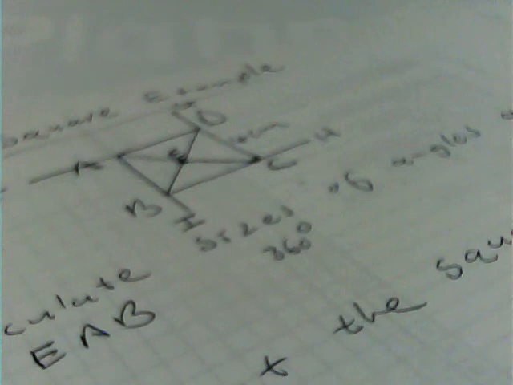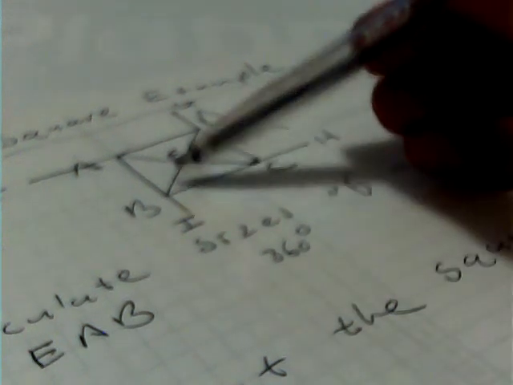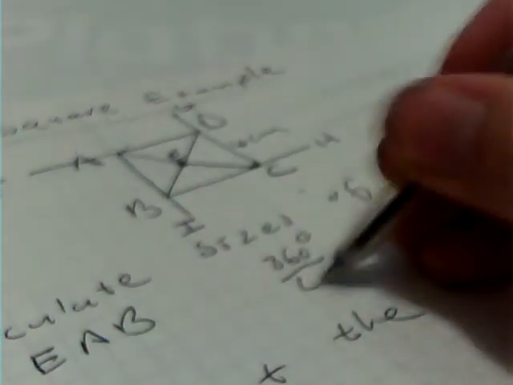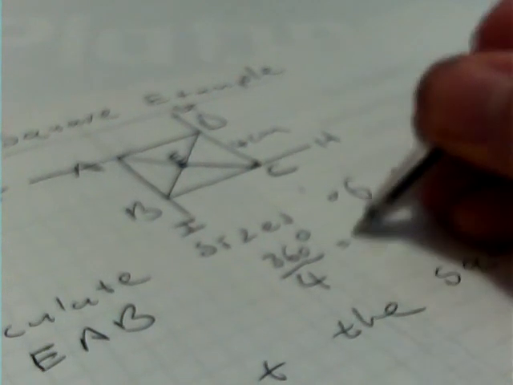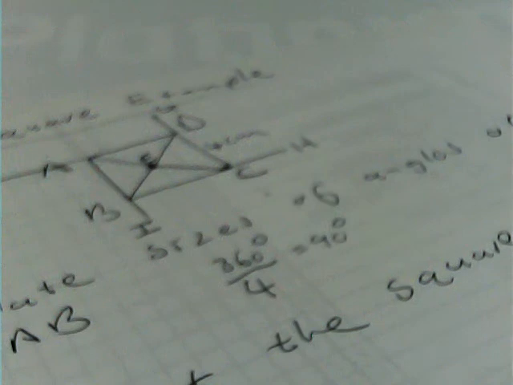We know a square has 4 sides and there are 1, 2, 3, 4 lines that meet at the middle. So 360 degrees divided by 4 will give us 90 degrees. So we can in fact say that angle AEB equals 90 degrees.